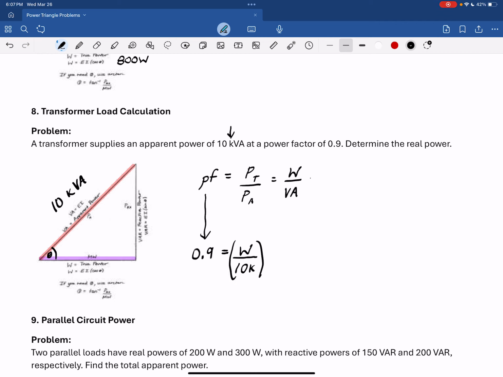We're going to multiply both sides by 10K, canceling it away. So we're left with 10 times 0.9, which is 9. And remember, those are not W's, they're actually kW's. So 9 kilowatts is your real power, or your W value.